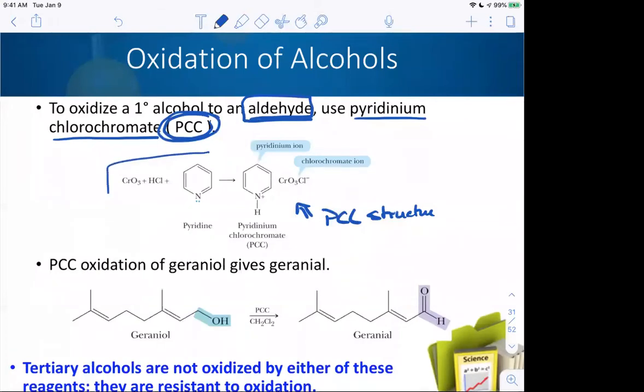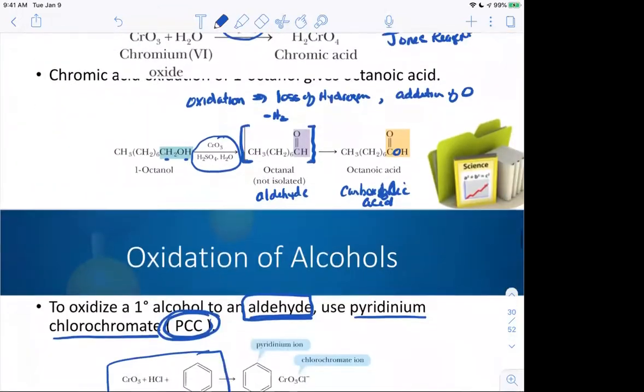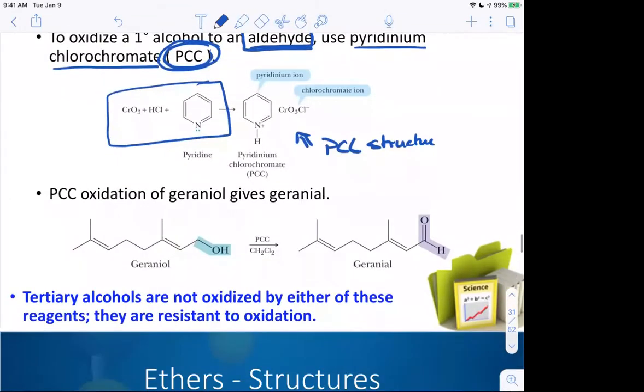It is obtained by reacting pyridine with HCl and that same chromium 6 oxide I have here. So what I get is formation of this aldehyde, and then it stops.